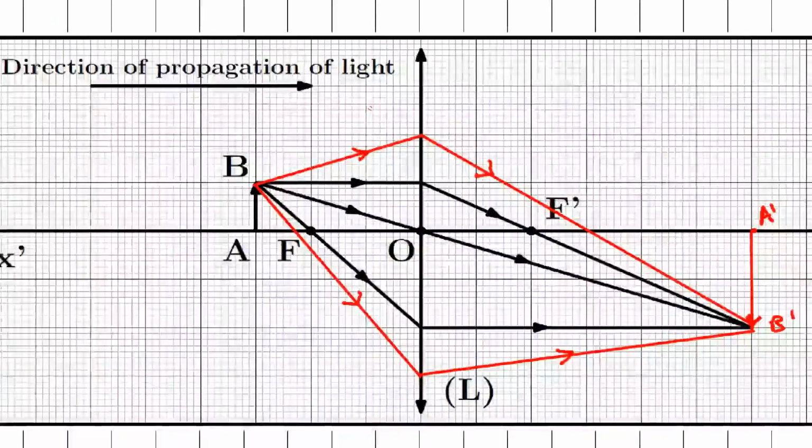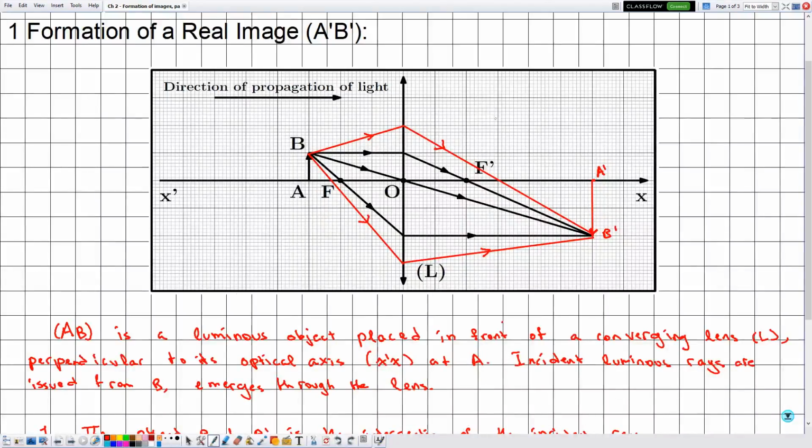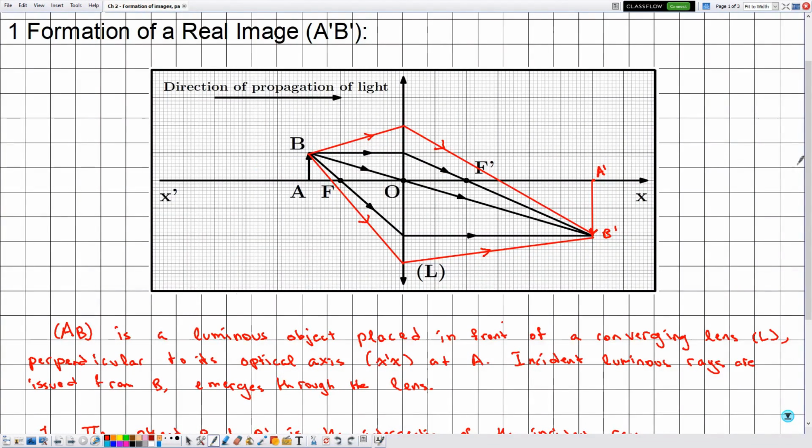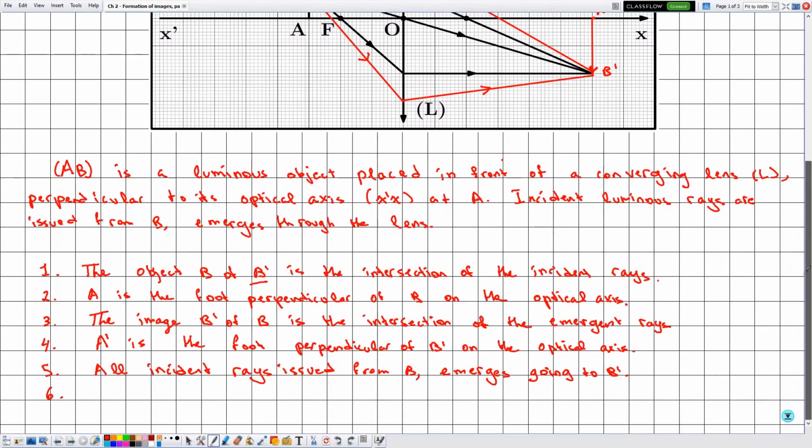Moreover, notice that the object AB is pointing upward, and the image A prime B prime is pointing downward, which means that the image A prime B prime is in an opposite direction with respect to the object AB, which means that the image A prime B prime is inverted with respect to the object AB. So let's write this down.